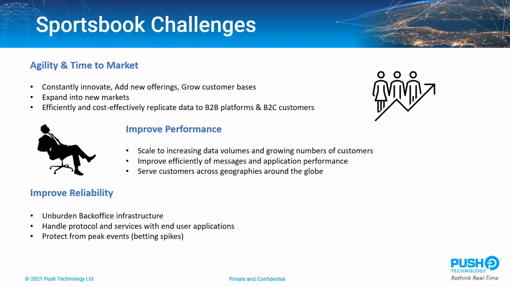And then branding as well. So a sportsbook may have multiple brands underneath it, and effectively sharing that data across these brands in the sportsbook. So agility is important. The ability to add new brands, the ability to add new sources of data in a consistent fashion that really impacts the time to market with these new services is critical.